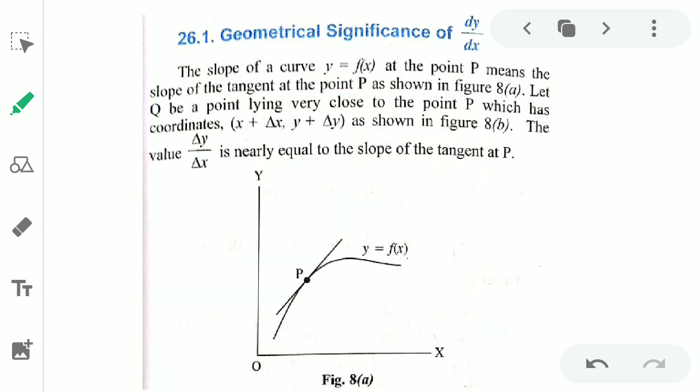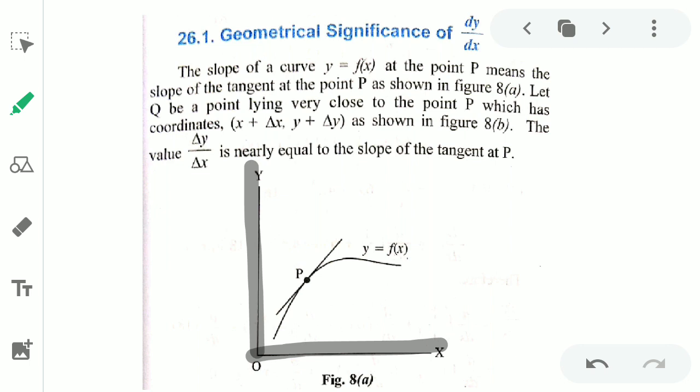Next we discuss the significance of the derivative. We know very well that this is a graph, with the x-axis and the y-axis. Any graph plotted between two physical quantities, like distance versus time, displacement versus time, velocity versus time, acceleration versus time, and so on.